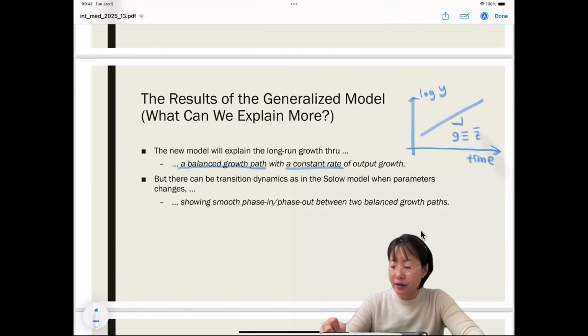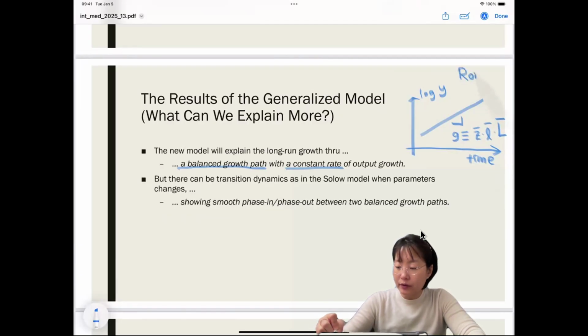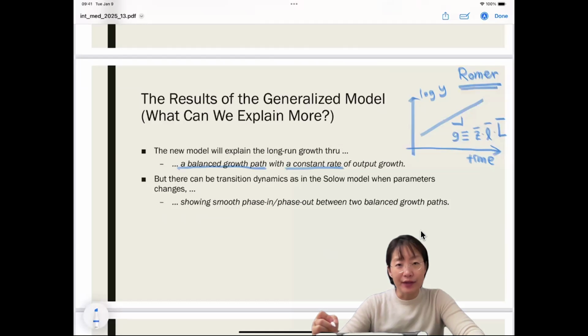That was z, the efficiency of production of ideas, and little l, the share of researchers in the population, and capital L, that was the whole population. Anyway, that was from the standard Romer model, and we will see whether this holds for this new combined model of Solow plus Romer.